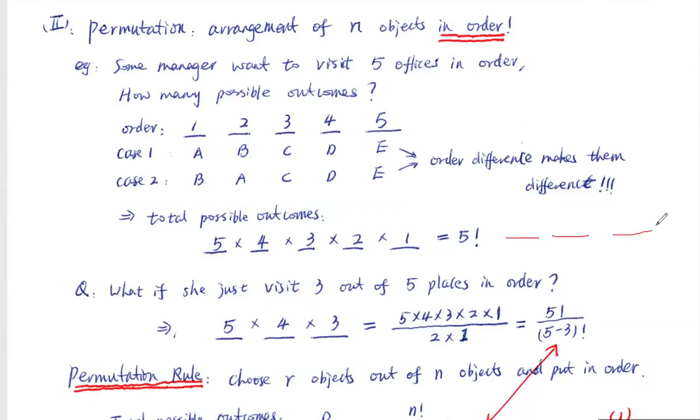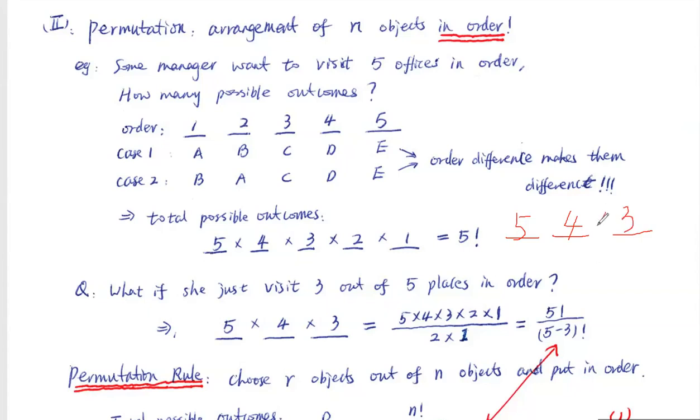How many choices does the manager have? How many choices for the first position? Choose 1 out of 5. Second one, because he or she already visited 1, 4 left. Third one, because he or she already visited 2 of them, 3 left.